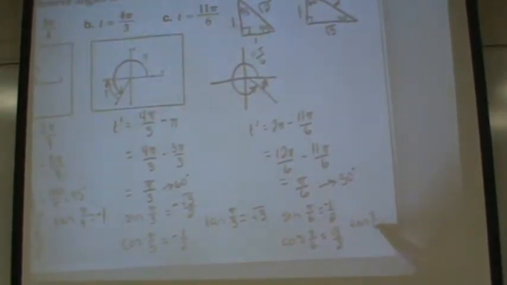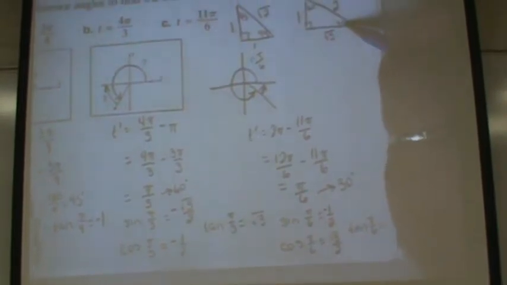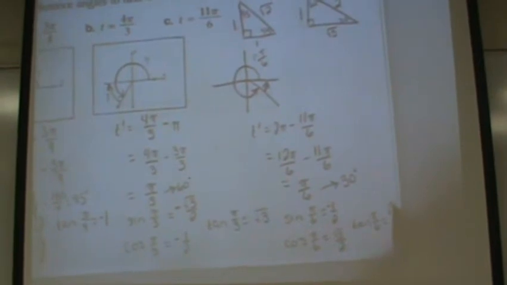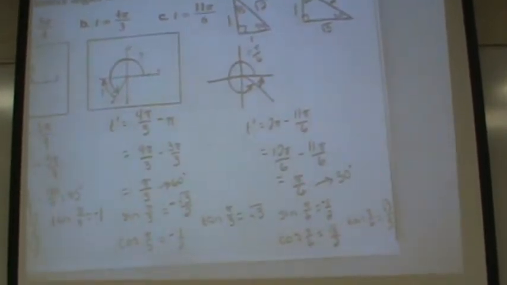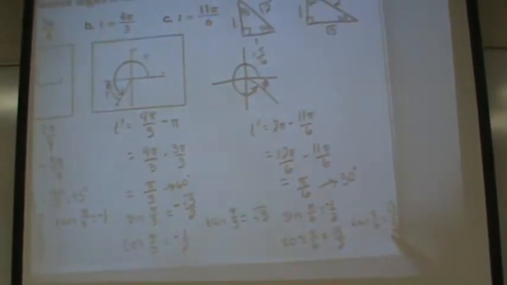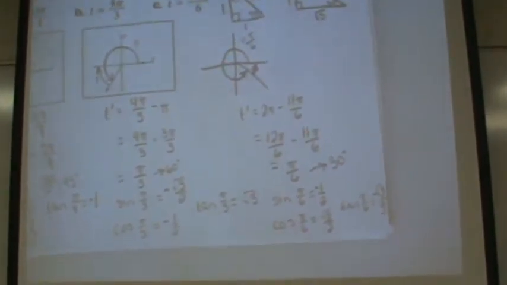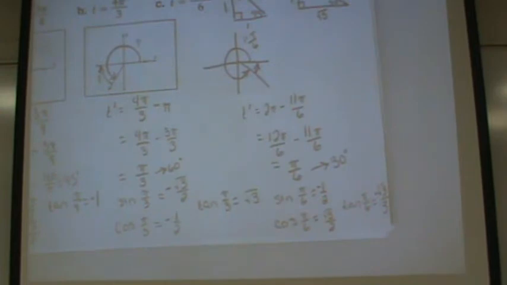And tangent of pi over 6 is opposite over adjacent, so it's going to be root 3 over 3. And in the fourth quadrant, tangent is negative, so it's a negative root 3 over 3. So that's combining the reference angles and finding the signs of the different ratios in each one.